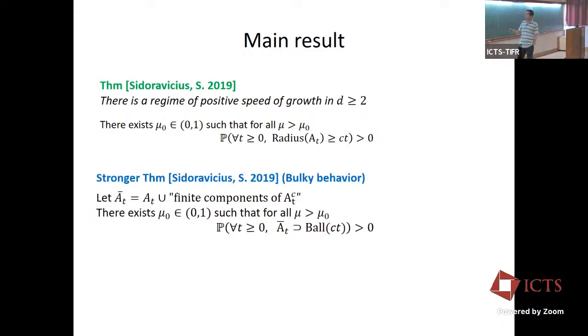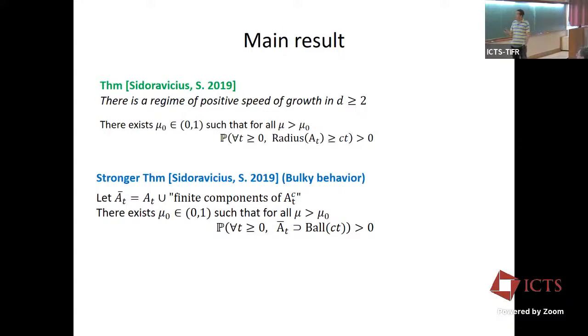So if the density is large enough, then if I look at the aggregate at time t, the union of all the finite components of the complement of the aggregate, so I look at the aggregate and fill in the holes that the aggregate produces inside, then this set contains a ball of radius constant times t for all t with positive probability. That's what I mean by bulky.